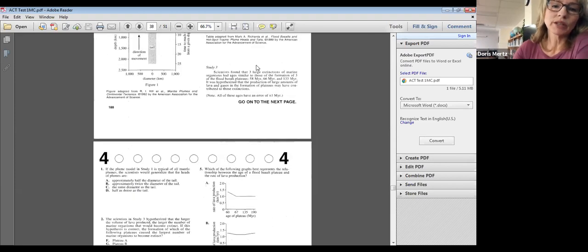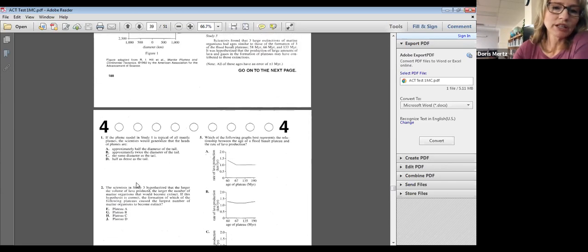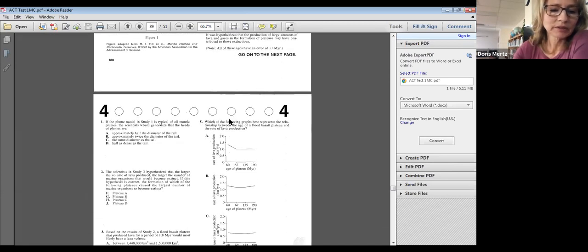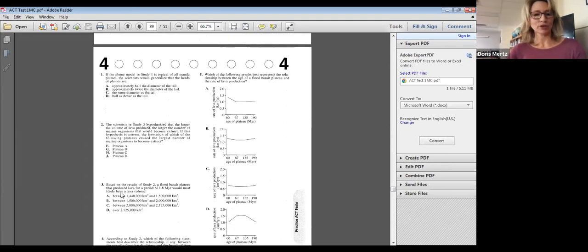To start with, I thought we were going to be looking in study 3 for our answer, but when you look at the answer choices in F, G, H, and J, you're going to have to look for where the plateaus are listed, and that is in table 2. So what's the answer? What did you get? J. Okay, right. So one of our main locators in this one was in the answer choices.